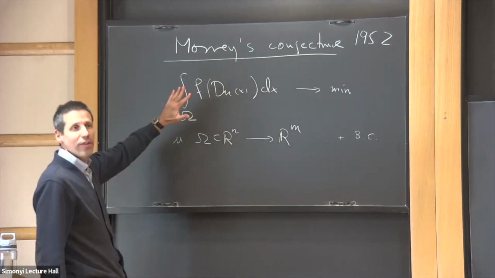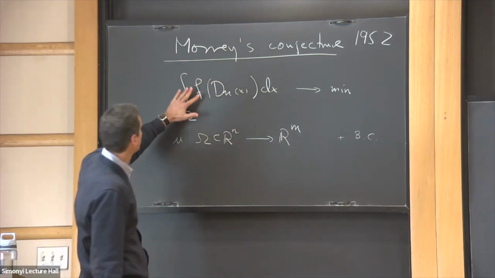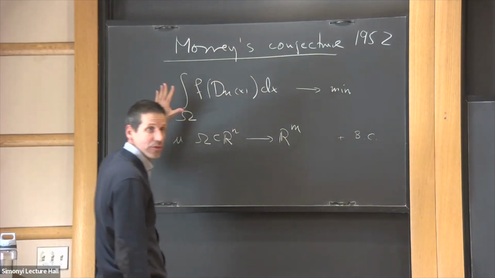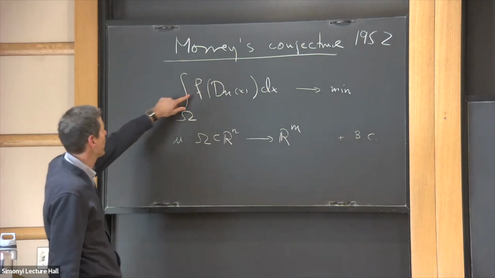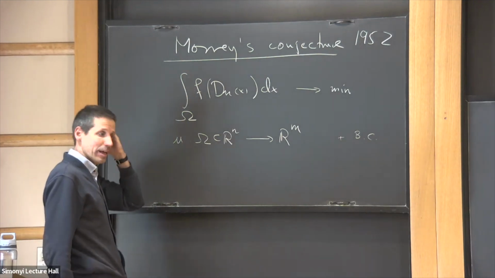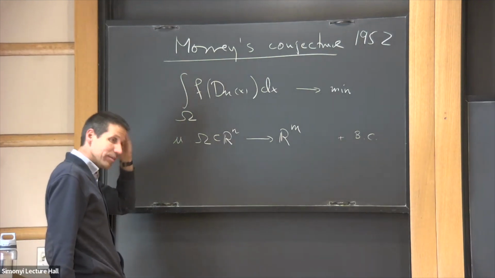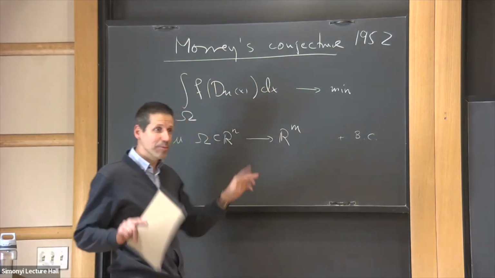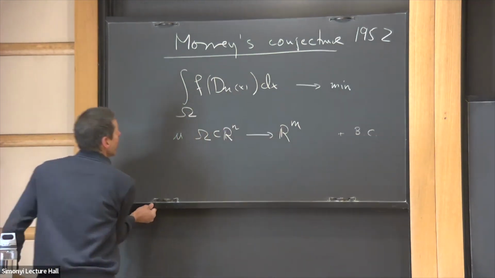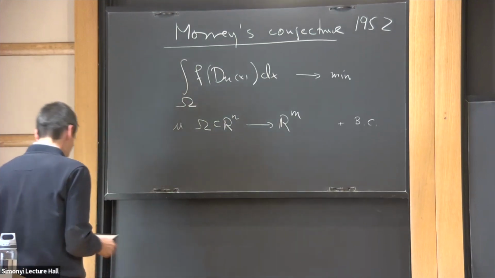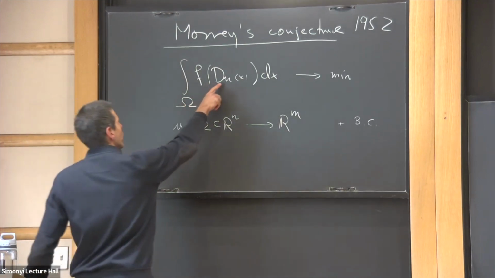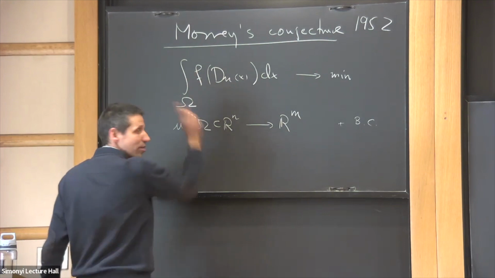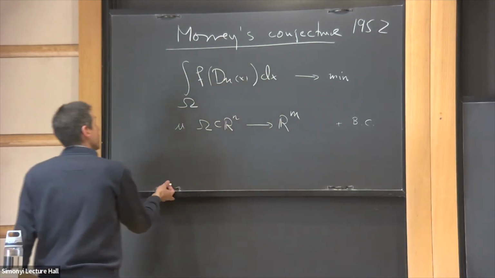I'm ignoring other properties like growth conditions and smoothness. I'm just focusing on the convexity condition on F that guarantees that this is a well-posed variational problem. So the kind of ellipticity notion. And more precisely, the question was about the lower semi-continuity of the integrand.